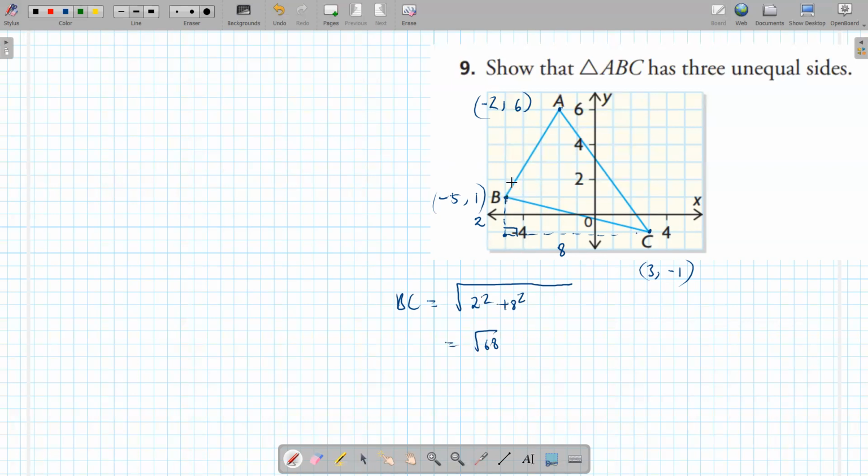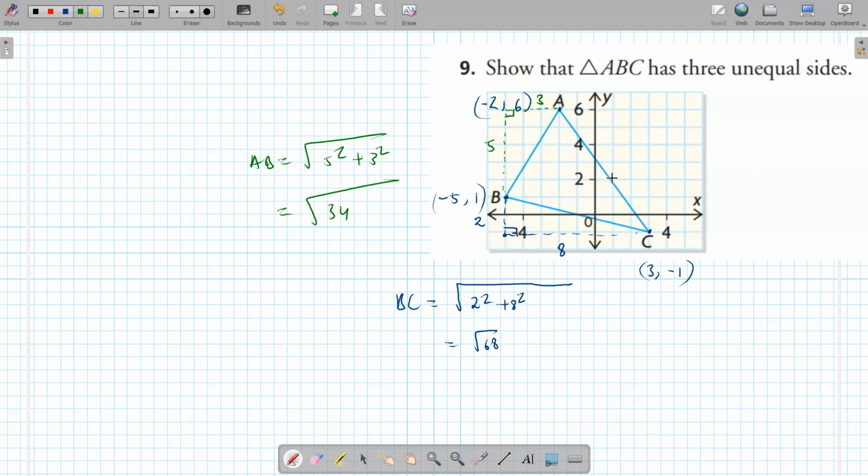We're going to find the distance from here to here by turning this into a triangle. The distance we're interested in, AB, is always going to be the hypotenuse of this right angle triangle. The y distance, going from 6 to 1, is 5. The x distance, going from -2 to -5, is 3. AB is going to be 5 squared plus 3 squared. 25 plus 9, 34, not even close to 68, right?